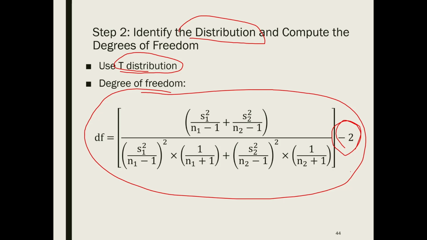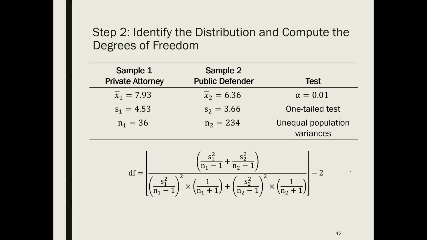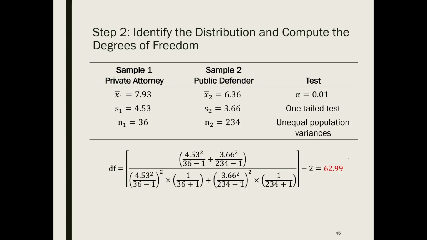Okay. However, if you take a look at that, every number you have is right in the table: standard deviation 1, standard deviation 2, sample size 1, sample size 2, right? Everything else is the same. So once you put every number in and replace those letters, be careful when you calculate this middle part.